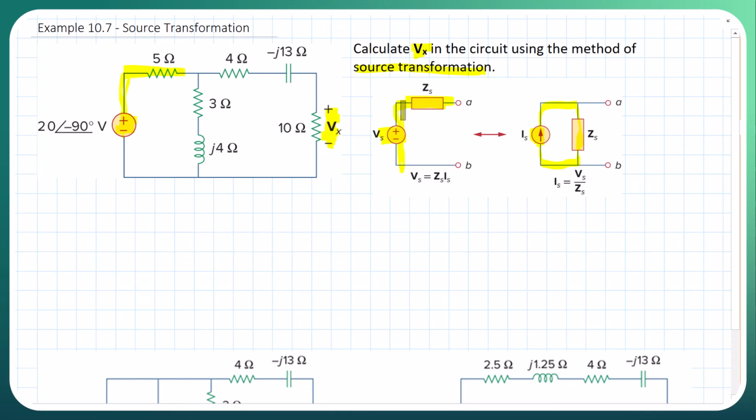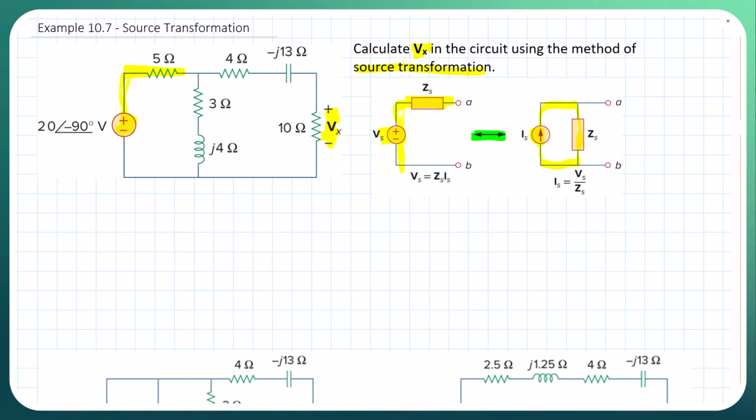And we can go back and forth between these two. If you have a current source with some impedance in parallel, you can convert it to a voltage source with some impedance in series, and that's what we're going to do in this problem.